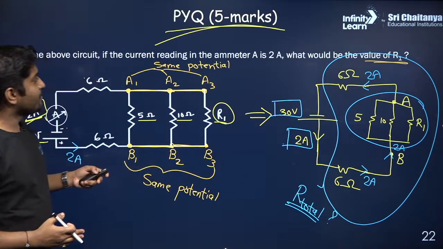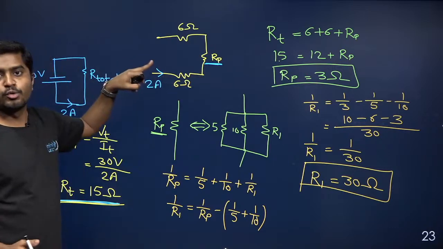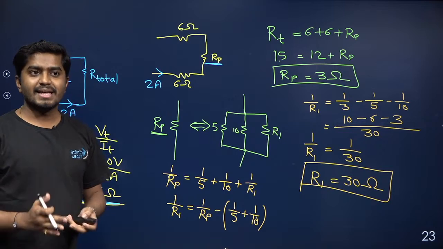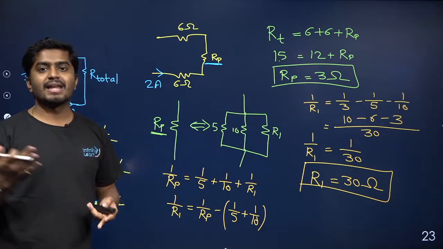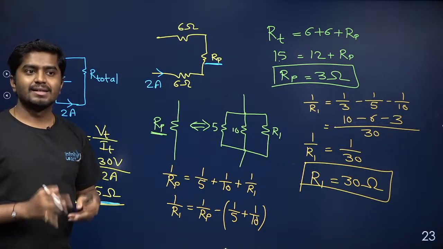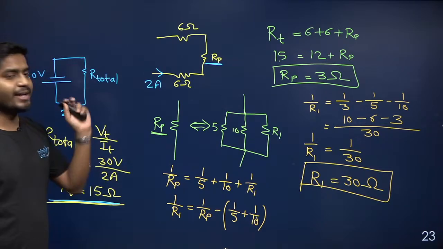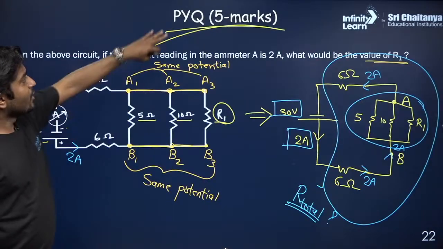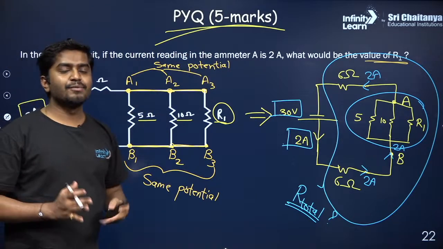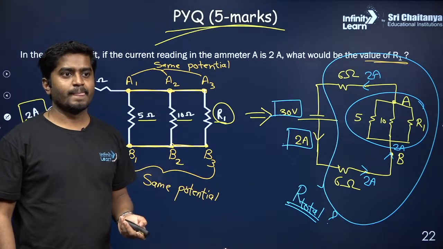If the same current is flowing through them, they are in series. Same current, series. Same potential difference, parallel. If you understand this fact, then you can get all the values. These are easy 4 mark or 5 mark type questions, so be very careful while solving them. Very easy to solve.